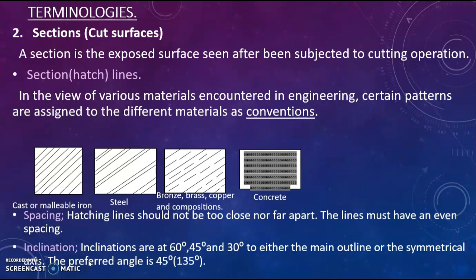But the preferred angle is 45 degrees or 135 degrees to the main outline or to the symmetrical axis. Please take note of this. We incline it to 45 degrees to the main outline or the symmetrical axis we are working with.